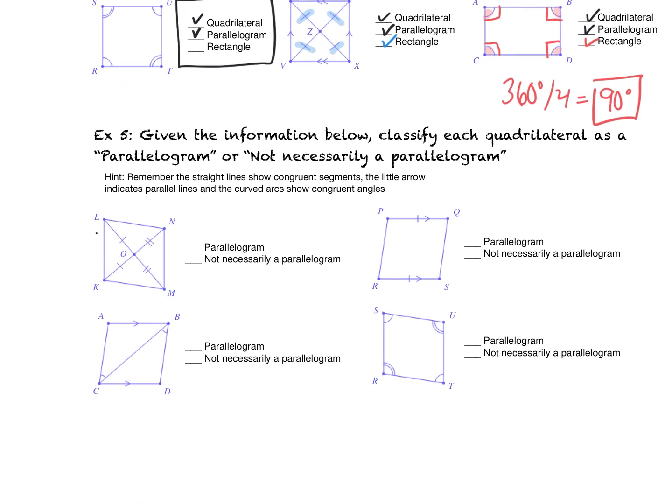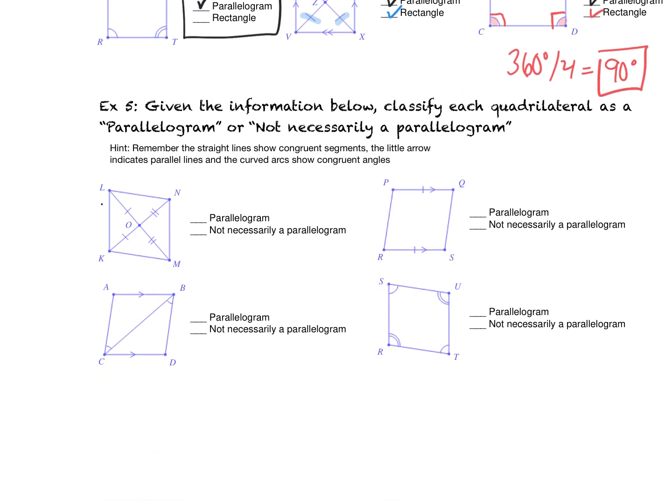And then you're going to be given pictures of quadrilaterals and determine whether they are a parallelogram or not. So now only two options. Again, remember a parallelogram has diagonals that bisect each other. If you look at the first one, the markings do not show the diagonals bisecting each other because they're not in the right spots.